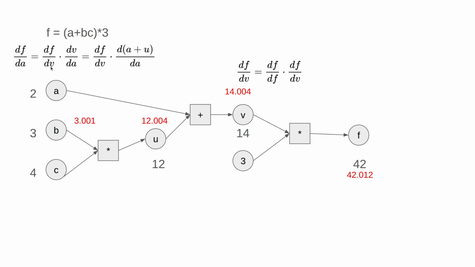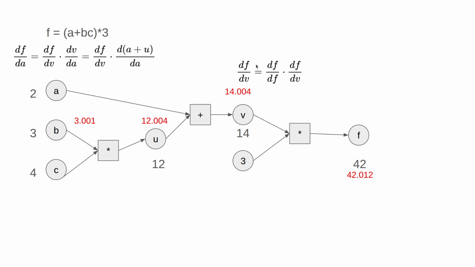For the first term, we need to look at it very carefully. It is actually the gradient of the output of the function, the gradient of v here, so we can assume that this gradient has been calculated before.